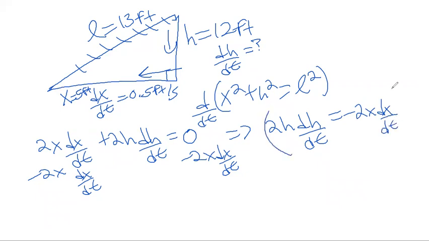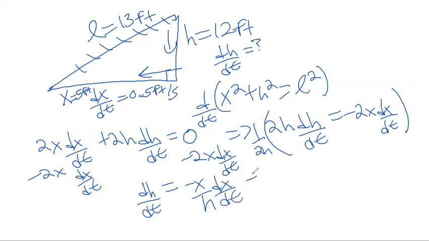Then to solve for dh/dt, I'm going to multiply both sides by 1 over 2h. So dh/dt is going to be negative x over h times dx/dt. And we plug it in.